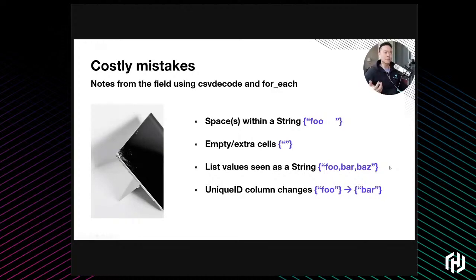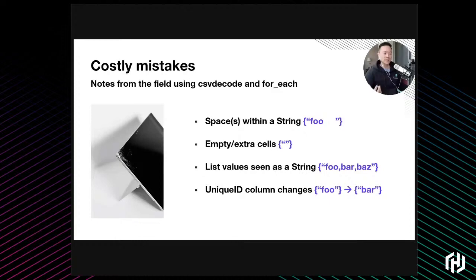When you bring that into your Terraform code, this is not an acceptable list because it's a single string. So we need to use the split function within Terraform to split up these comma separated values into multiple strings, which can then be passed into your module or your resource.